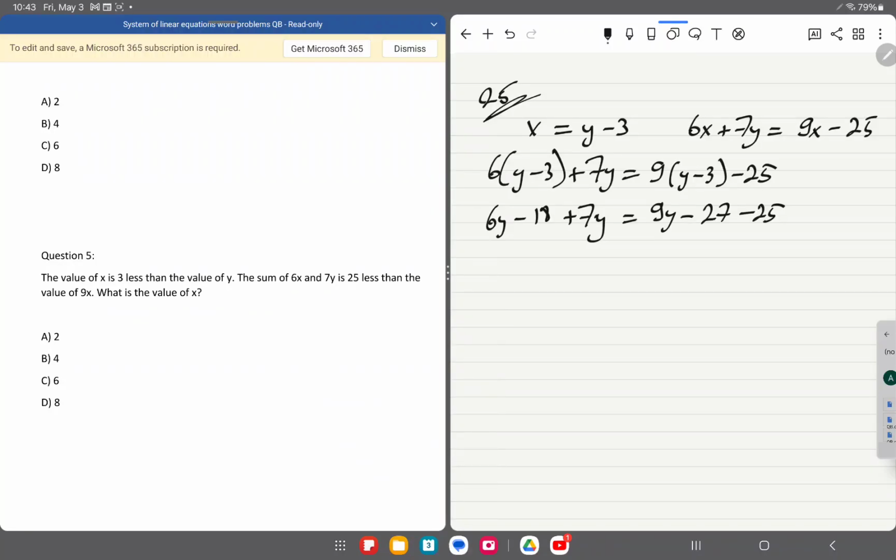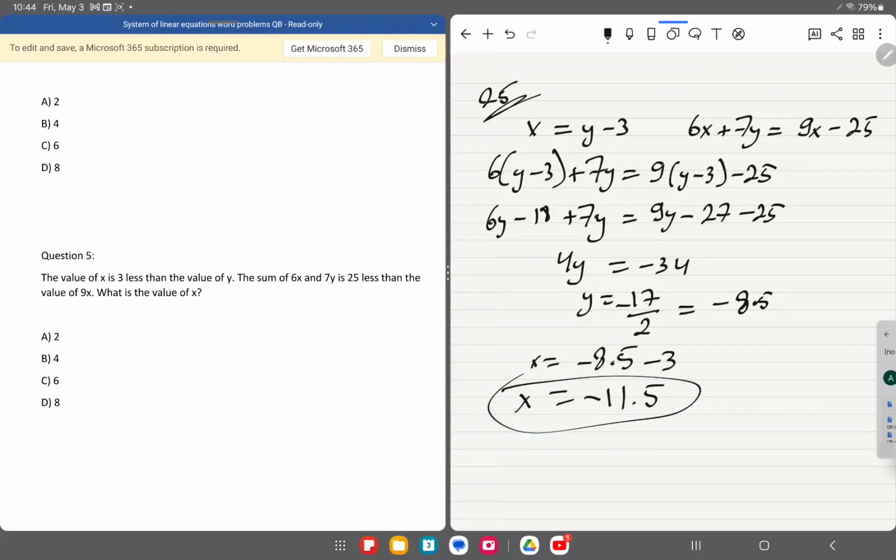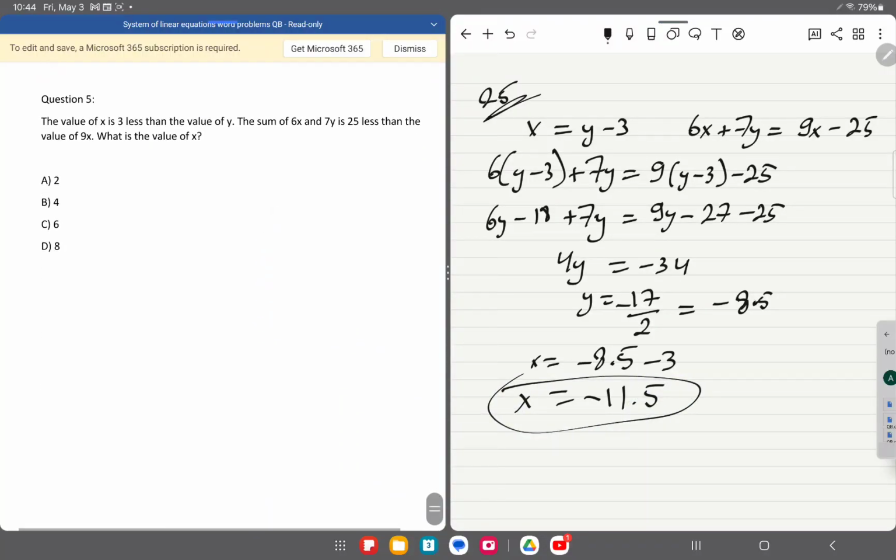Okay, so this one is 4y, this one is minus 34, y is equals to 17 over 2, is that correct? Which is minus 8.5. So x is equals to minus 8.5 minus 3, which is minus 11.5. Okay, guys, these values are not here.